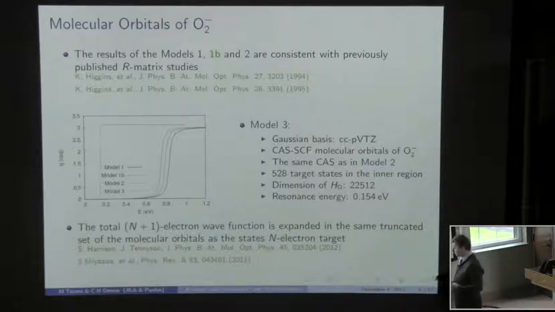Of course, as was mentioned here before in several talks, in the scattering calculations, we always have to represent the n particle target state and the n plus 1 particle scattering function in the same basis set. So if we use the basis set optimized for the target, it won't be optimal for the n plus 1 particle wave function and vice versa.